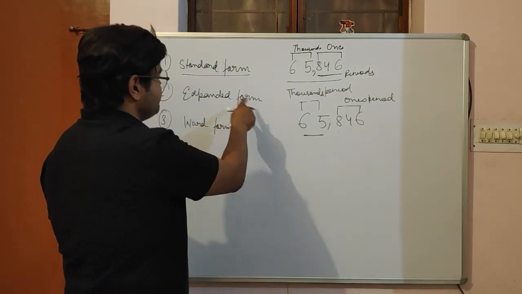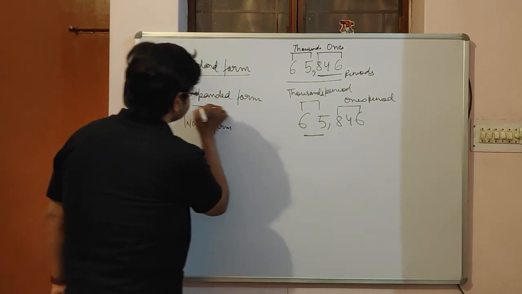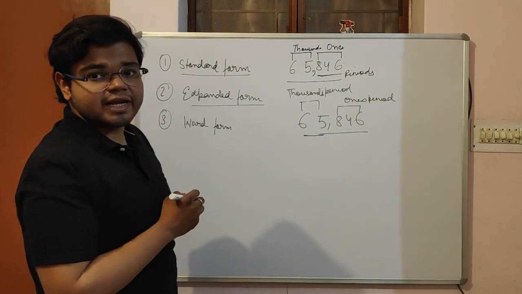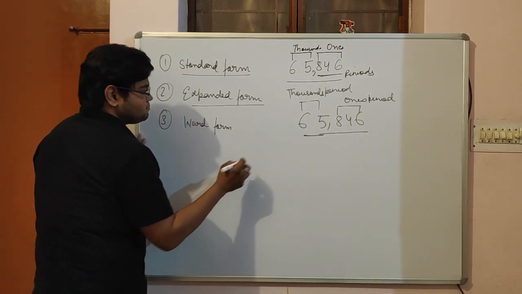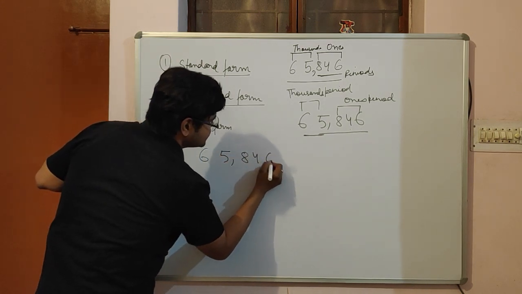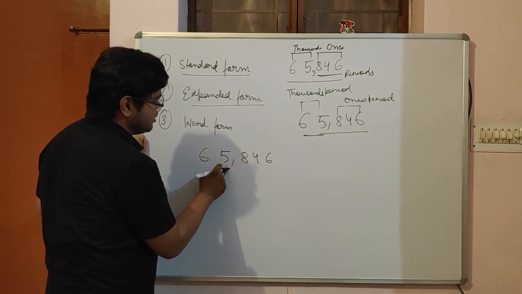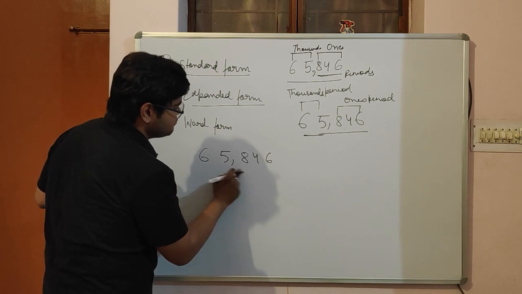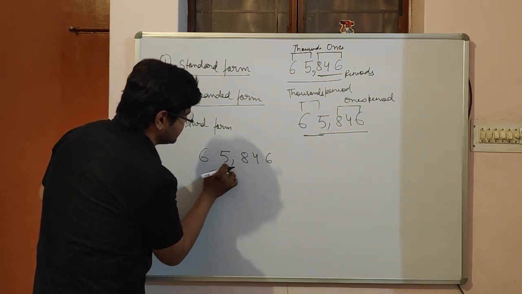Now we have our expanded form. How are we going to write the number 65,846 in expanded form? Firstly, we'll write the number 65,846. Starting from here, this place is ones, tens, hundreds, thousands, ten thousands.